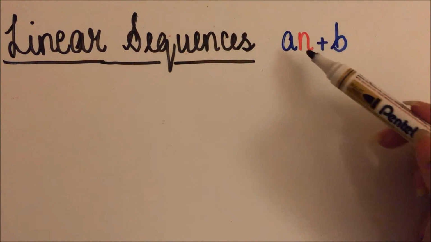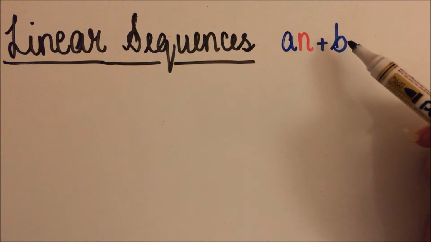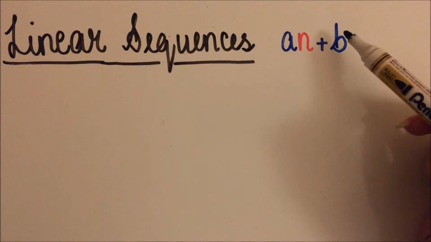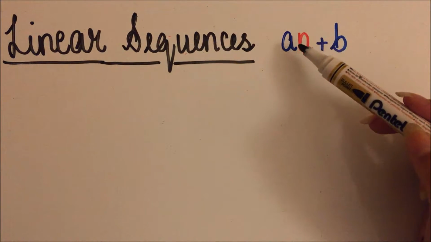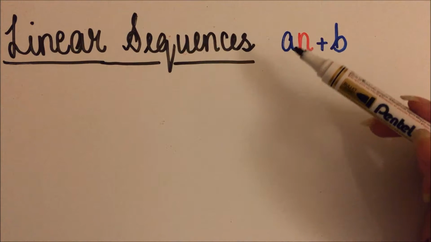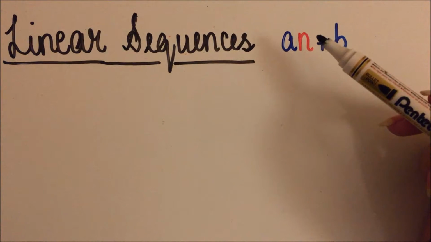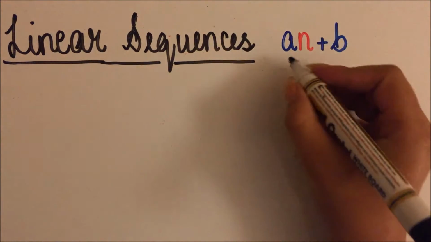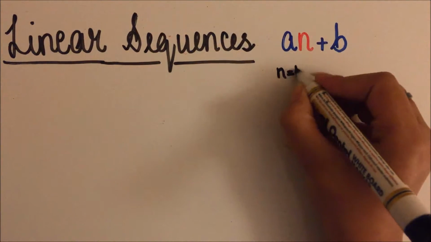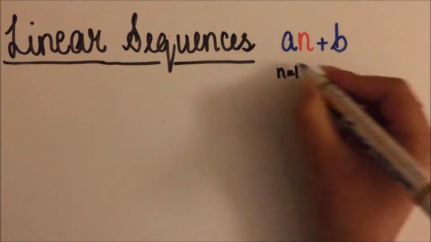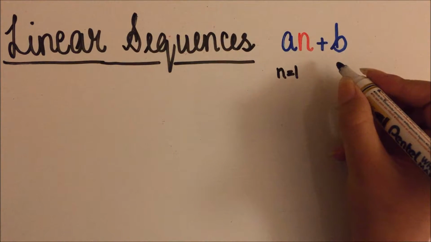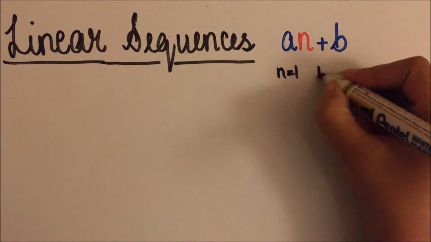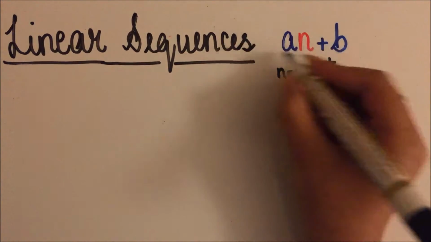Anything linear is always in the form of an + b, where a and b are just coefficients and n can take any value from 1 all the way to 1,000 or 10,000, literally any number. So if you put n equals 1, this should give you the value of the first term of the sequence.